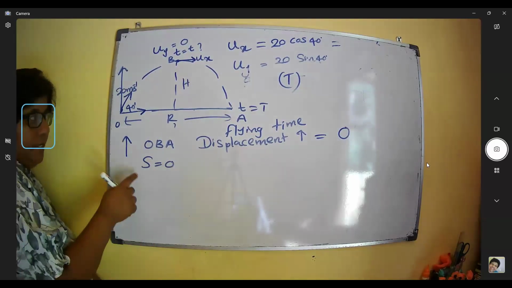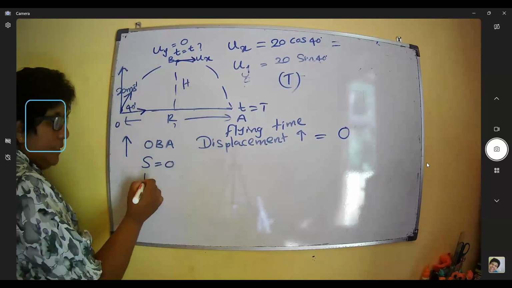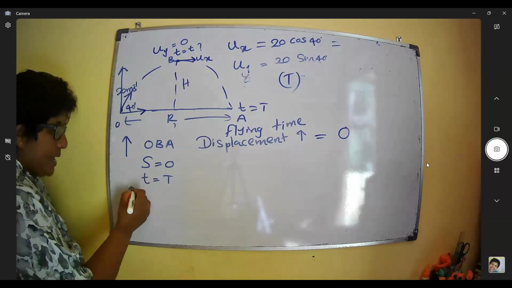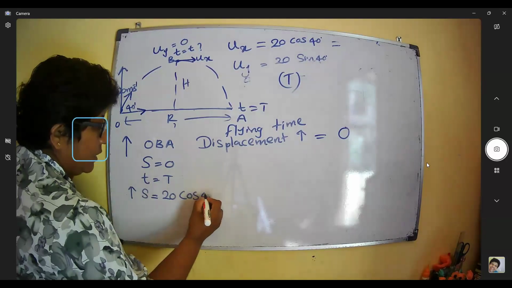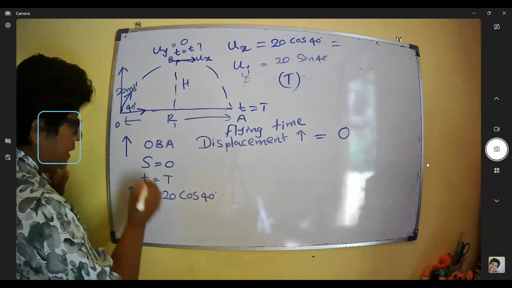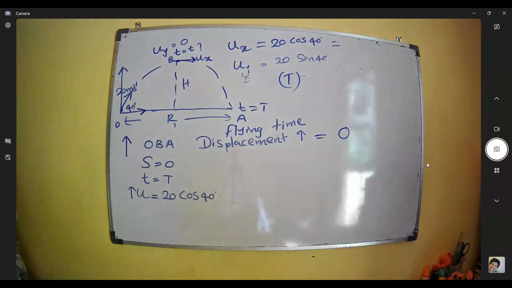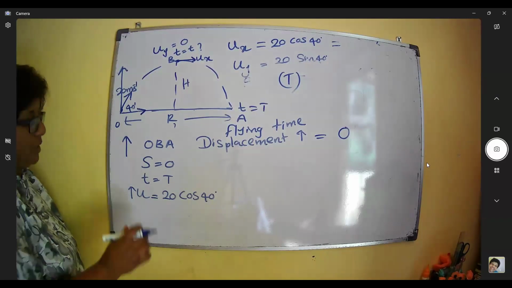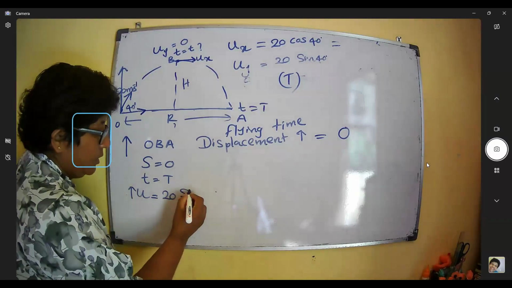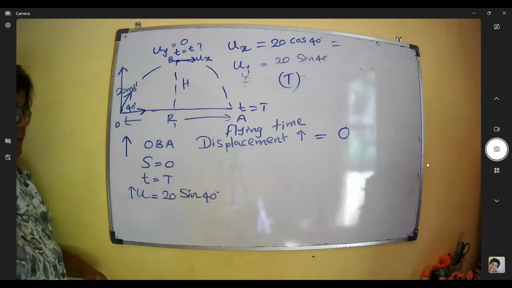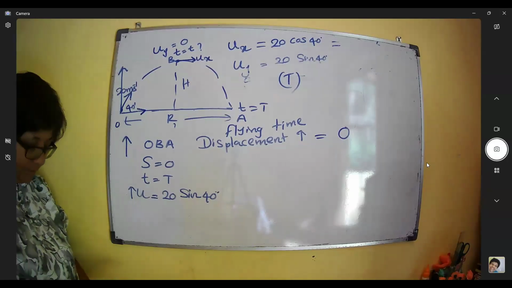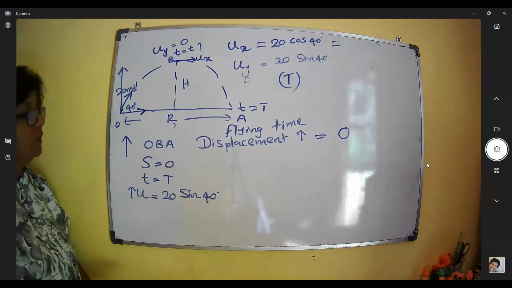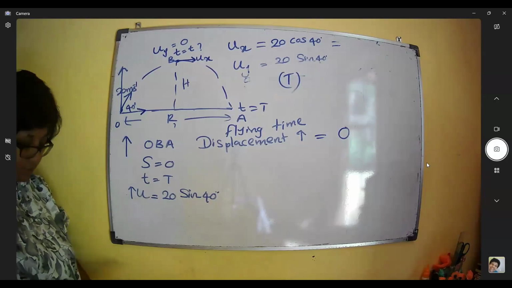I'm applying the equation throughout the motion, then t is equal to capital T. Initial velocity is 20 cos 40 and 20 sin 40. 20 sin 40 is the horizontal component, and the vertical one is 20 cos 40.